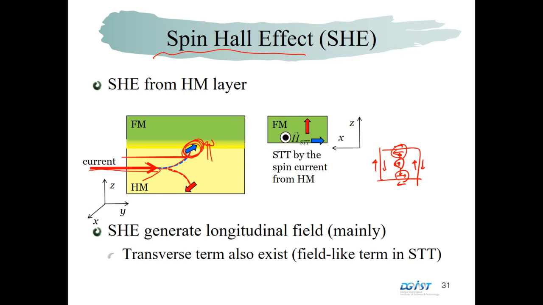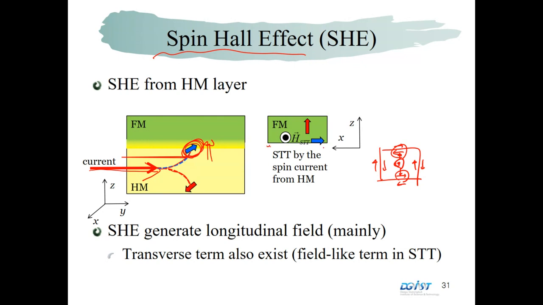So it's quite similar to the spin transfer torque. In spin transfer torque, we are sending some kind of spin polarized current to the ferromagnetic layer, and by the angular momentum conservation, there is a torque in the ferromagnetic layer. So the same thing happens.